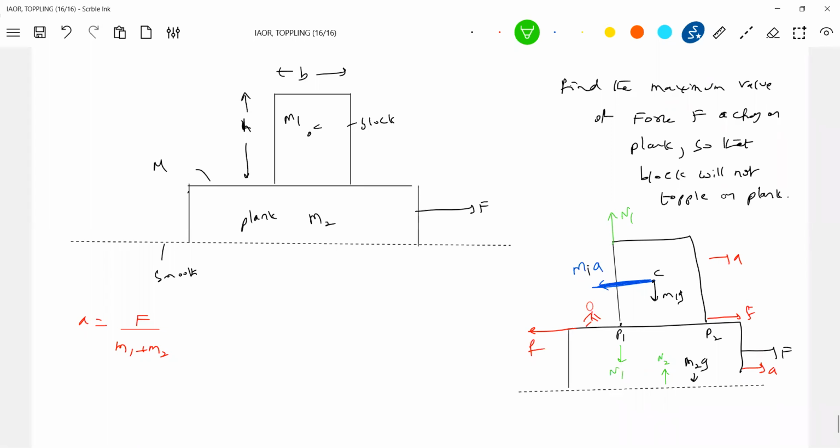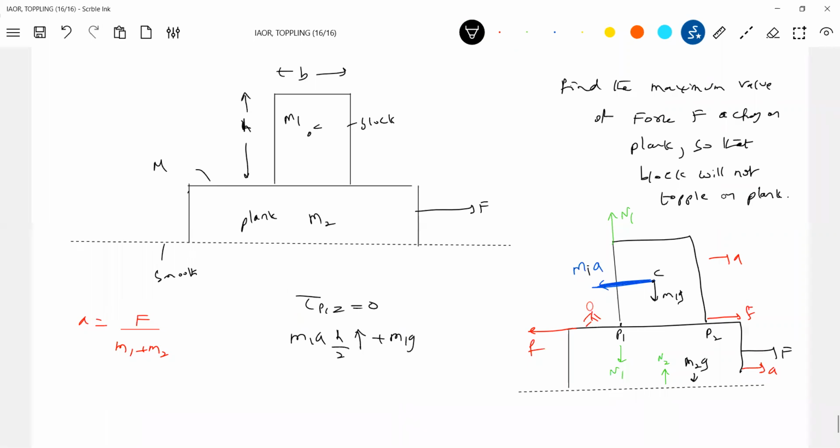Okay, let's come to this one. So I'll go about point P. I'll go for torque. Net torque about point P should be 0. We will set up torque due to pseudo force m1a into H by 2, it should be anti-clockwise.